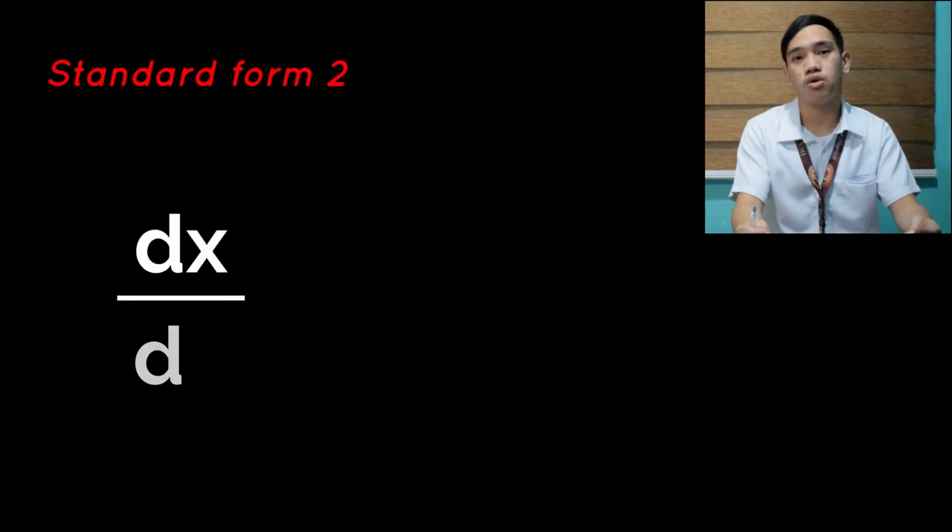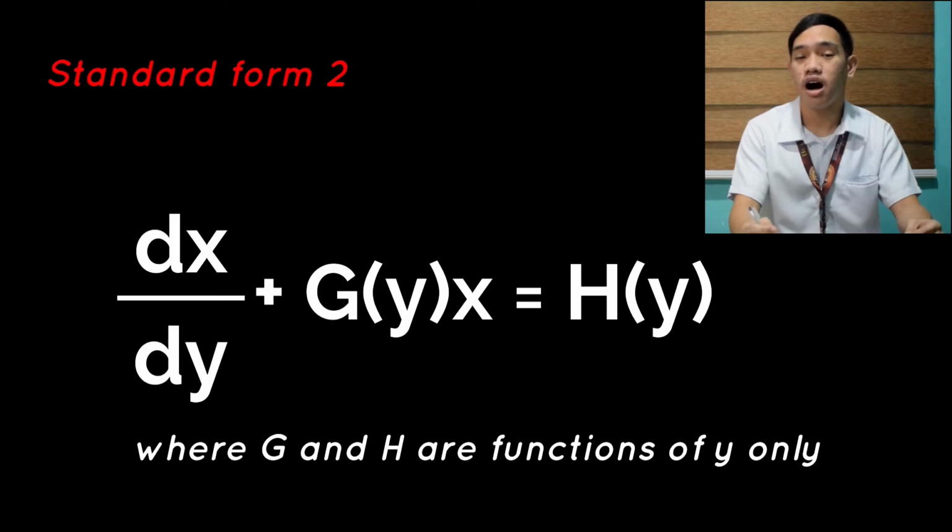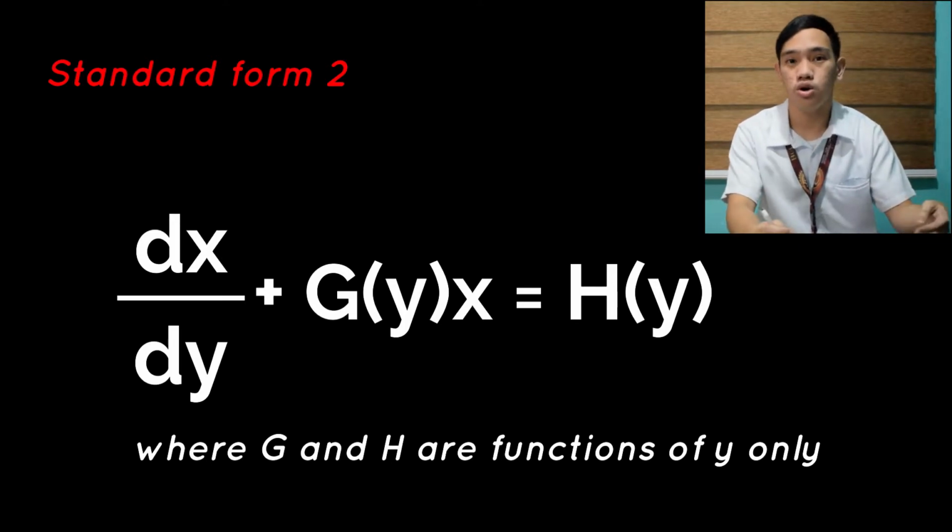The second standard form is dx over dy plus g of y multiplied by x equals h of y, where g and h are functions of y alone.